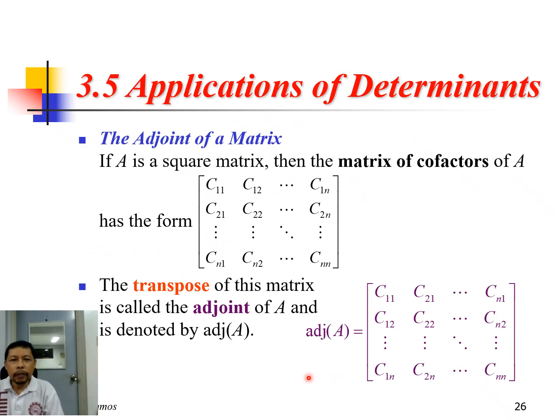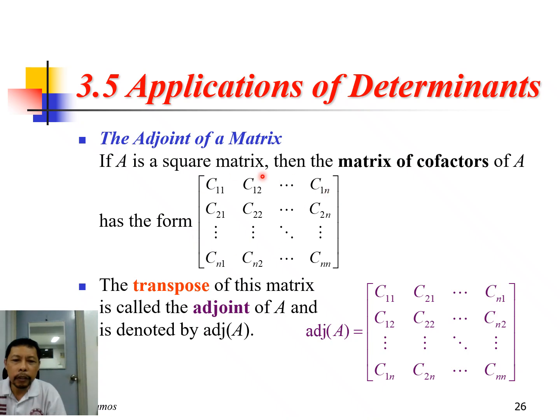Okay, so let's look at some applications of determinants. One is that we could find the adjoint of a matrix by using determinants. So if A is a square matrix, then the matrix of cofactors of A has the form C11, C12, and so on.